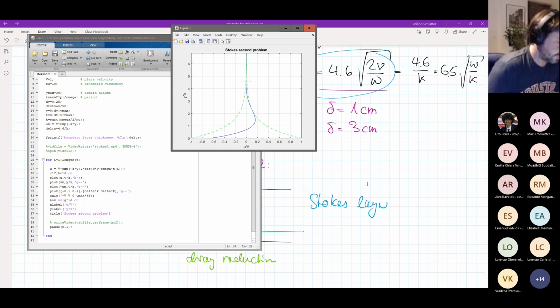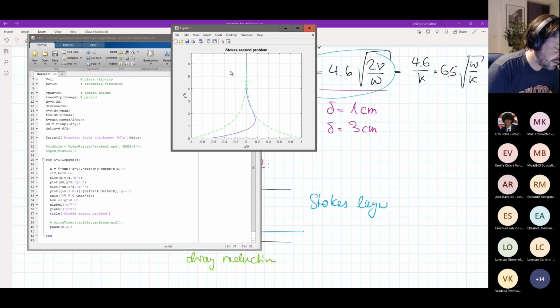and essentially this here is the solution that I get. So down here at y times k being 0, I have my wall that moves back and forth, and then I see exactly this oscillation that I tried to sketch before. So this is a propagating wave that propagates upwards into the domain. And I have here the green dashed line, which is the envelope, the decay.